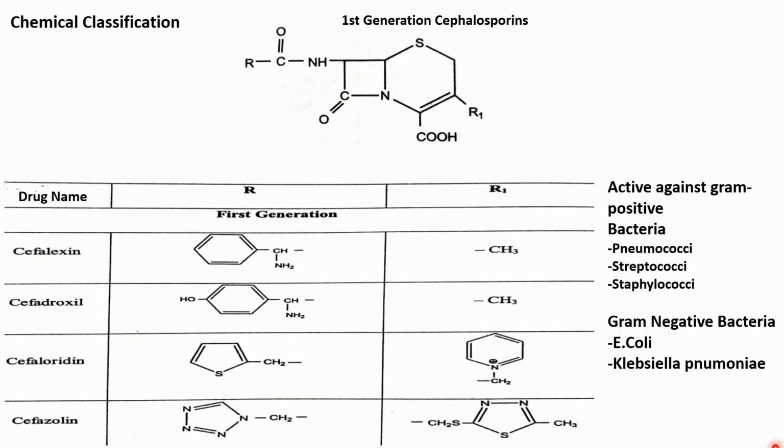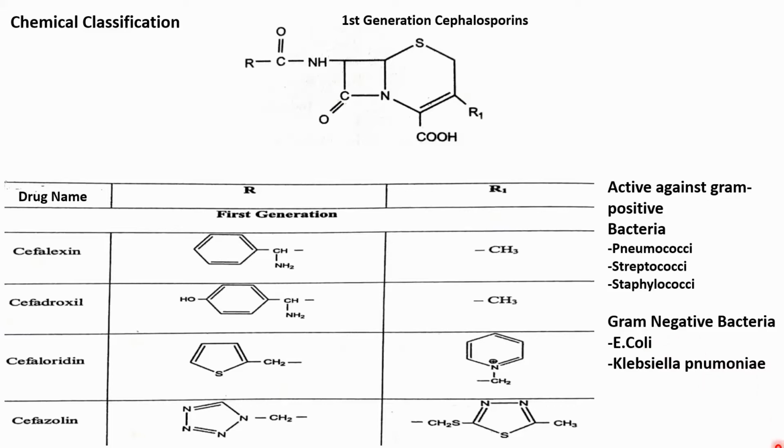So here on screen you are seeing the first generation cephalosporins. Mostly these first generation cephalosporins are more effective against gram-positive bacteria like pneumococci, streptococci, and staphylococci. It is also effective against gram-negative bacteria like E. coli and pneumonia.